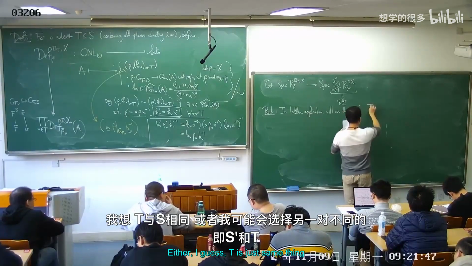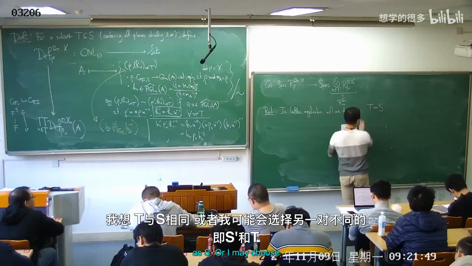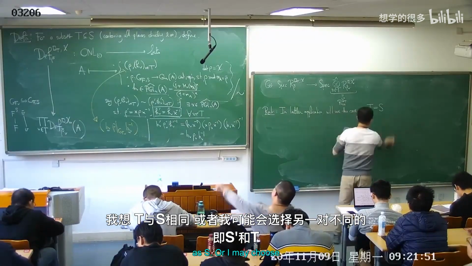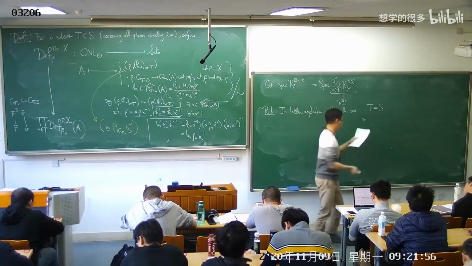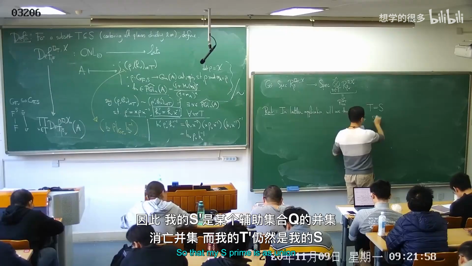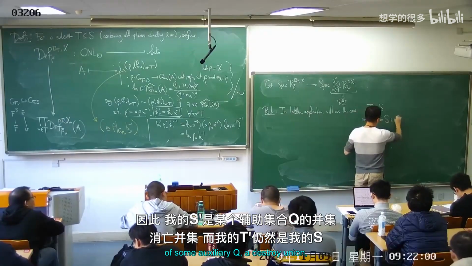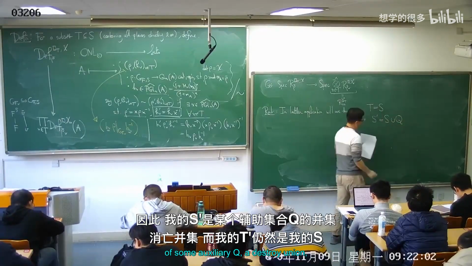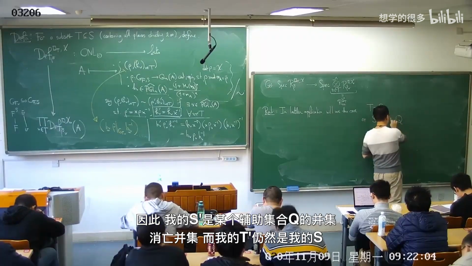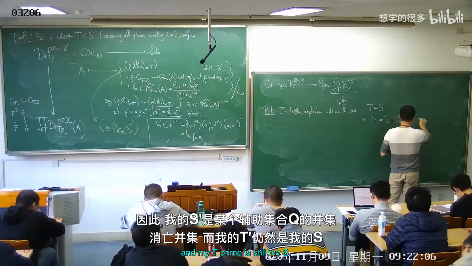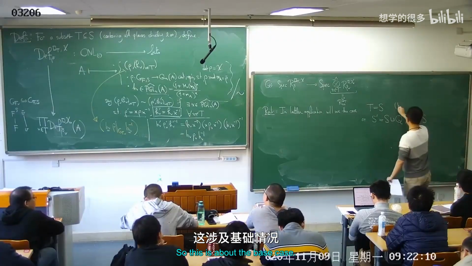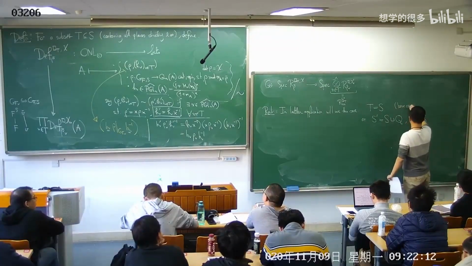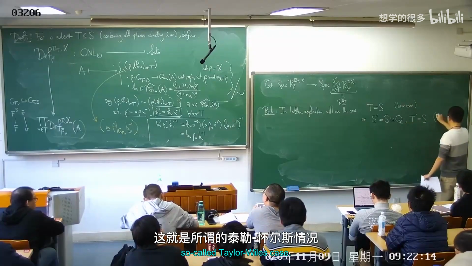Either, I guess T is just the same thing as S, or I may choose a different pair, S prime, T prime, so that my S prime is S union some auxiliary Q, a disjoint union, of course, and my T prime is still my S. So this is somehow the base case, and this will be the so-called Taylor-Wiles case.